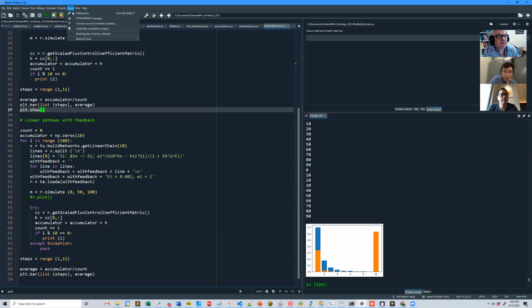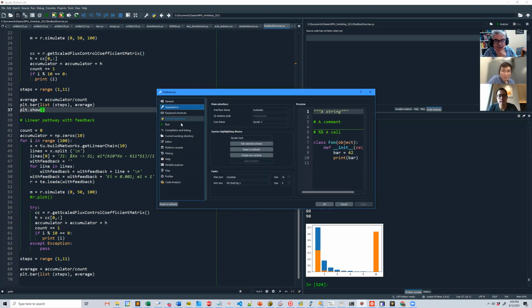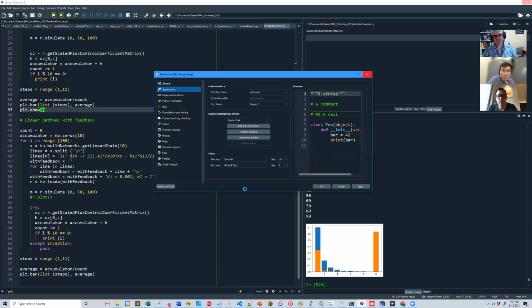Oh, this block would look cool. Yeah, it's two bar graphs on top of each other. Let's see, where appearance. Yeah, this is it. See if that'll make it bigger. This version has a little problem, I noticed, for changing the font size.